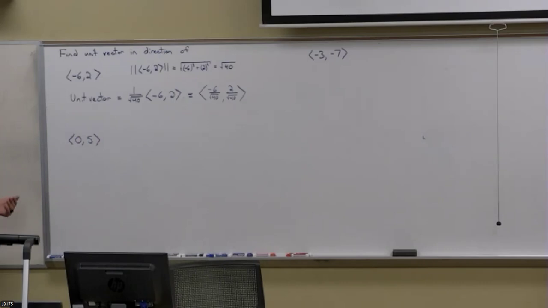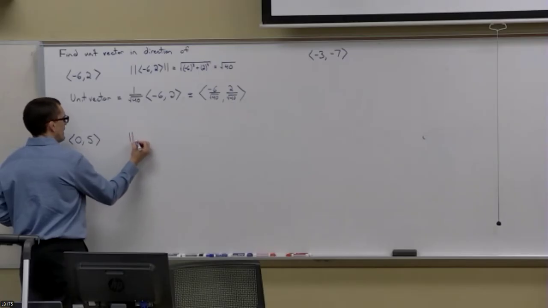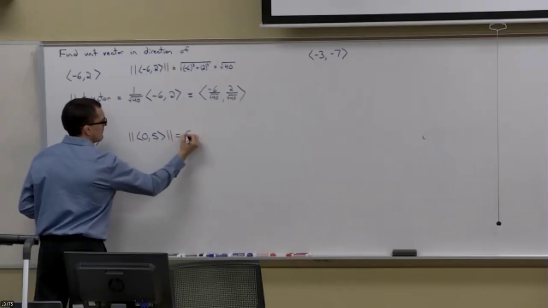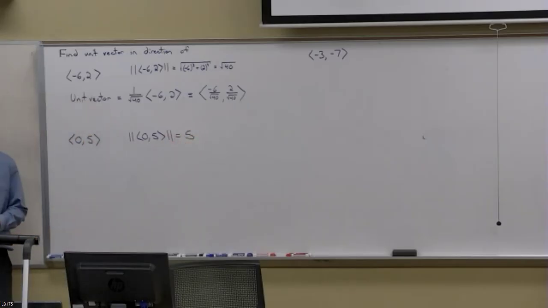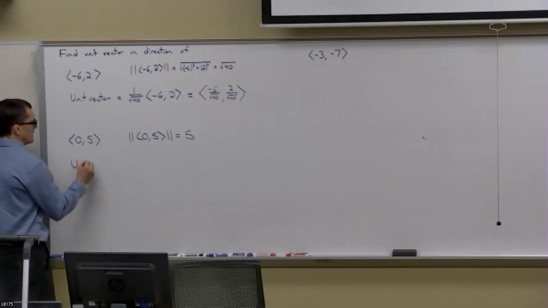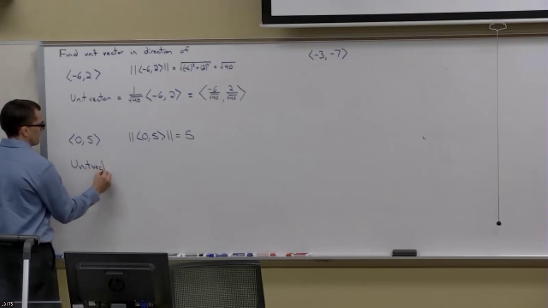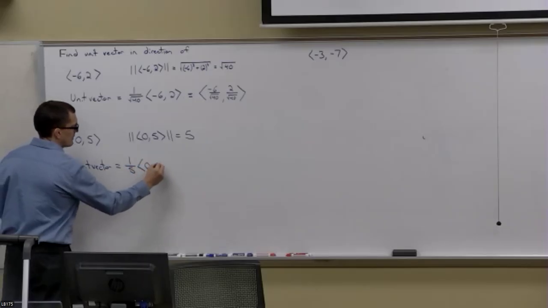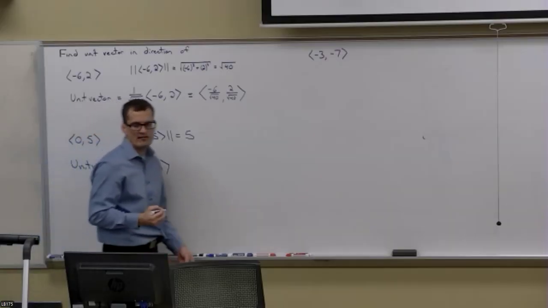So to find the unit vector, just multiply 1 over the magnitude by the actual vector. Here, the magnitude of 0, 5. We've done this enough, it's pretty obvious that that's 5. 0 squared plus 5 squared underneath the square root is just 5. So the unit vector in that direction is 1 over 5 times that vector.